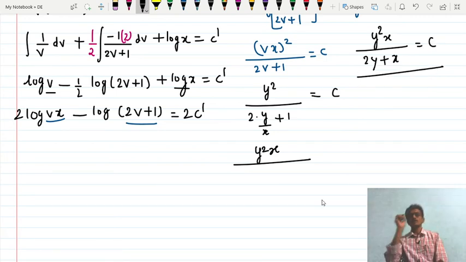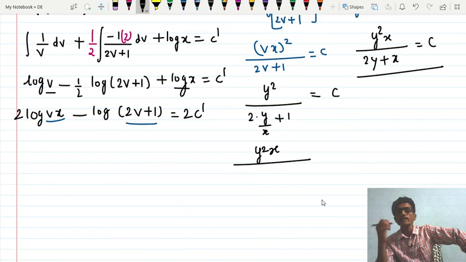This will be your answer. Y square x upon 2y plus x is equal to c is the answer.